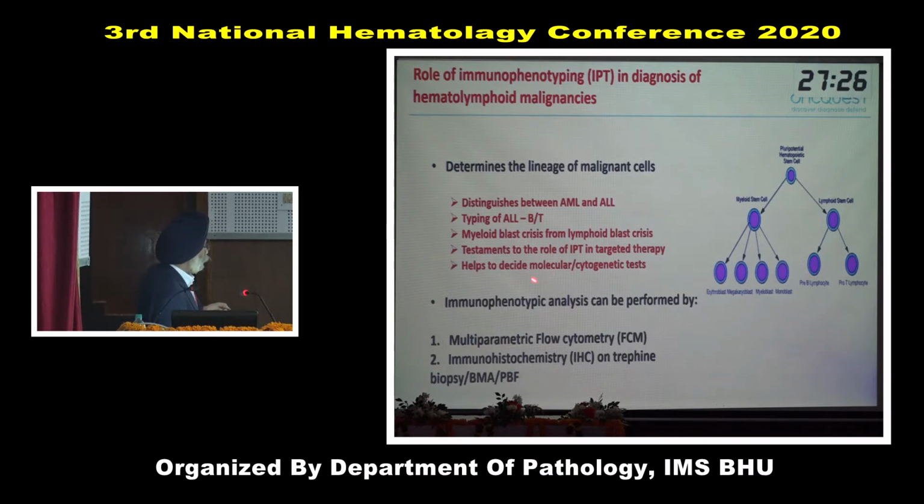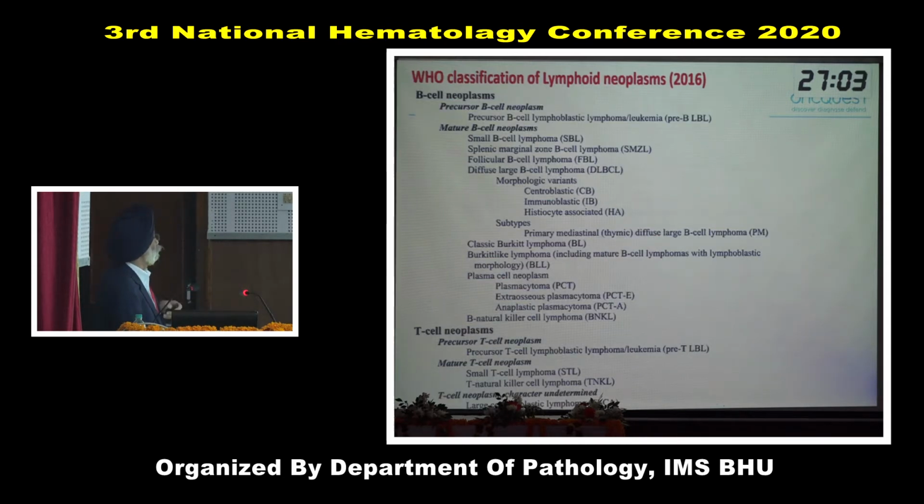And once you diagnose that it is M4-EO, that is M4 with eosinophilia, the choice gets limited. Then what you have to do is look for inversion 16 or translocation 16. So molecular and cytogenetics give a guide. You can do this by immunohistochemistry or by trephine biopsy.